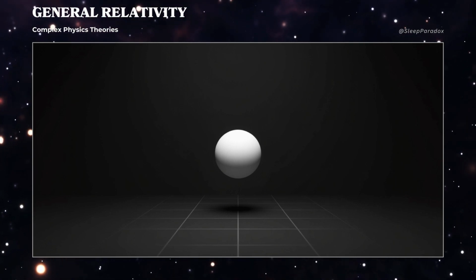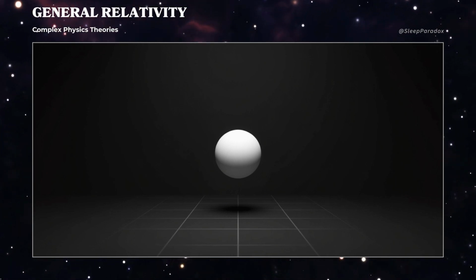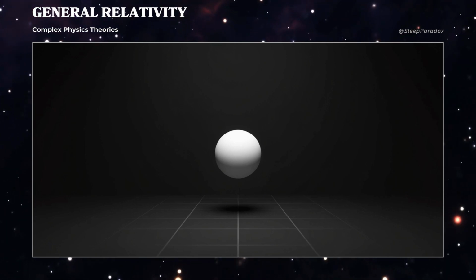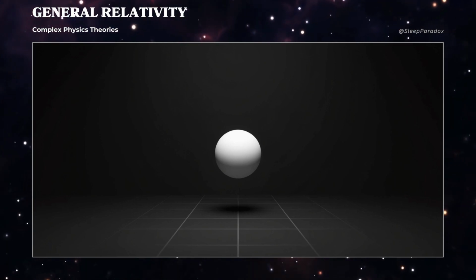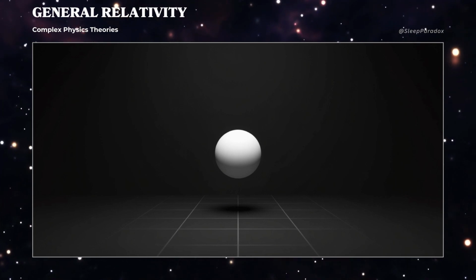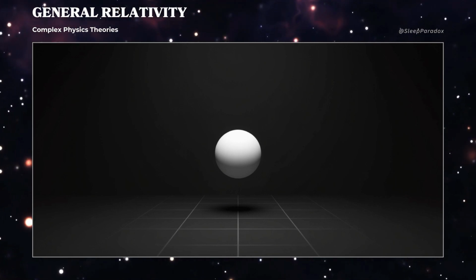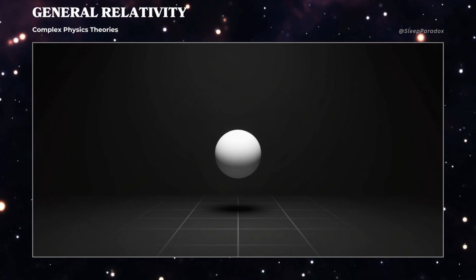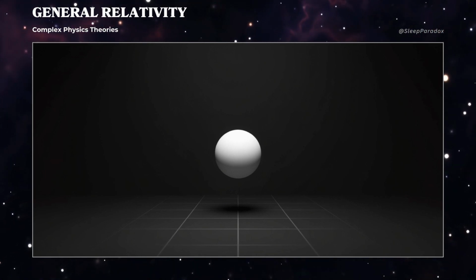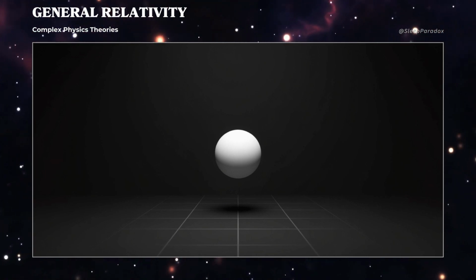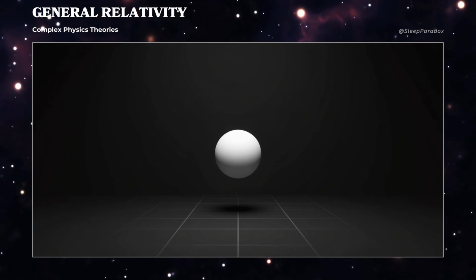You can visualize it by imagining a rubber sheet. If you place a heavy ball in the center, it creates a dent in the sheet. Now roll a smaller ball nearby. It will spiral toward the larger ball, not because they are pulling on each other directly, but because the smaller ball is following the curved surface created by the larger one. That's a rough analogy for how general relativity works.